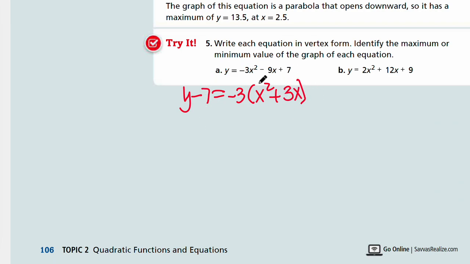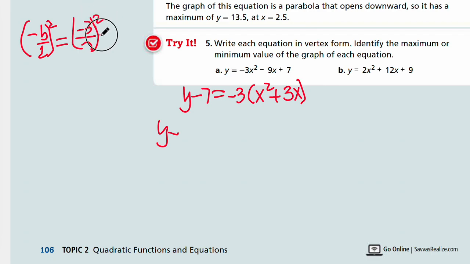And then you're going to complete the square. First of all, you need to figure out what negative b over 2 square is. So negative 3 over 2 square would be 9. And don't forget to square your denominator, 4 over 4.